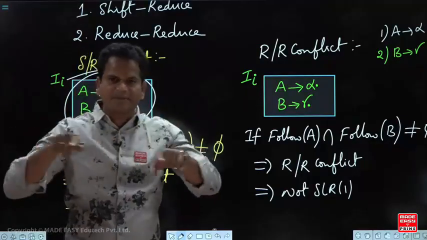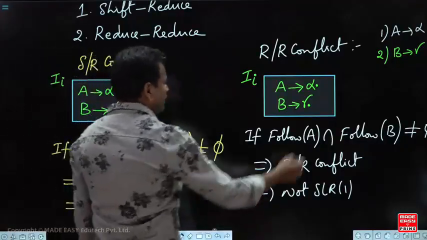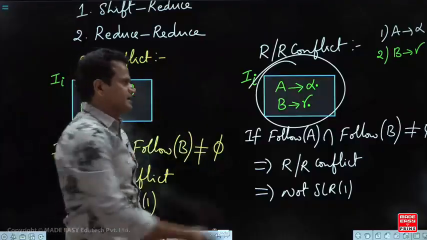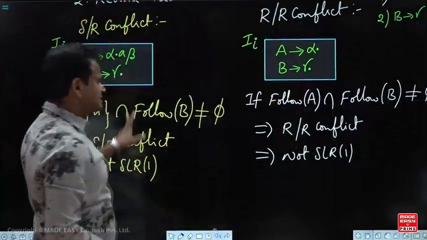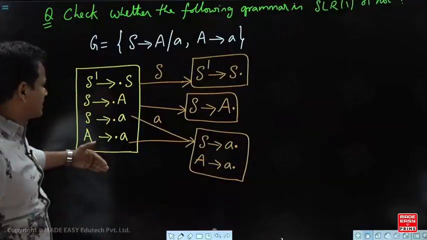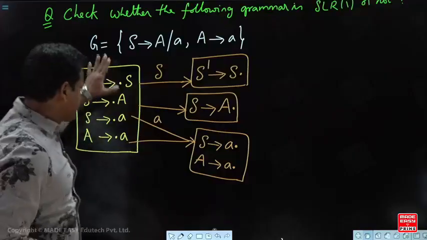A same state must have a final item and a shift terminal, or the same state must have two final items. Now look at this. Do we have final items in the first state? No final item. Whenever there is no final item, there is no chance of conflict in I0.